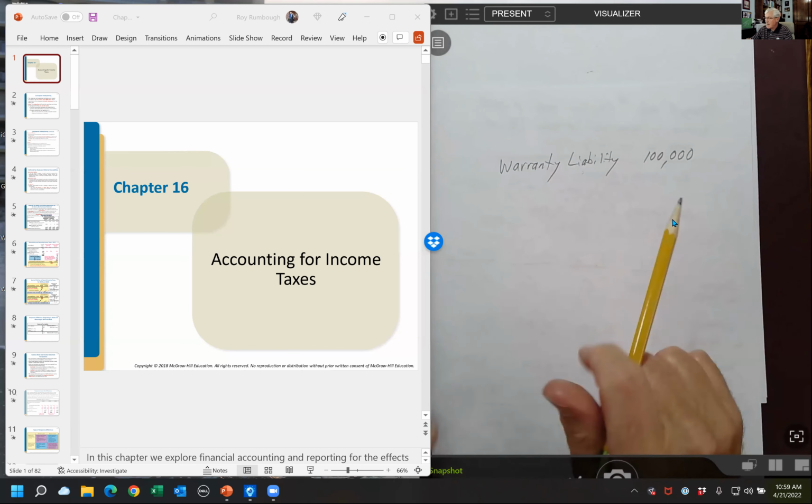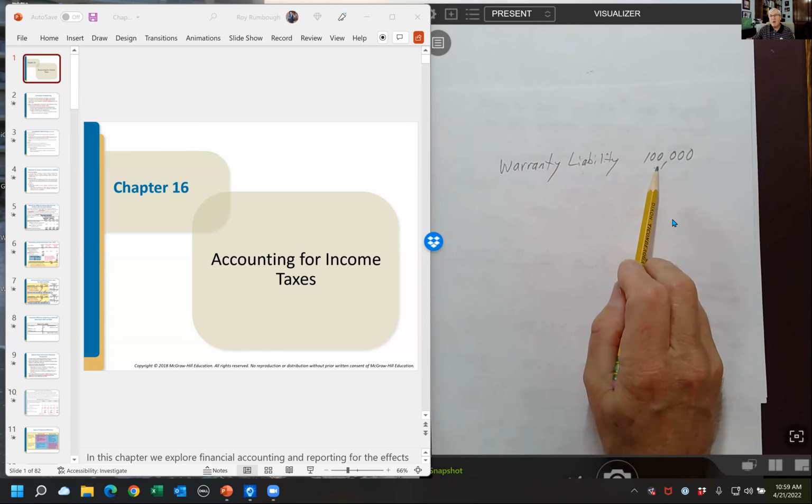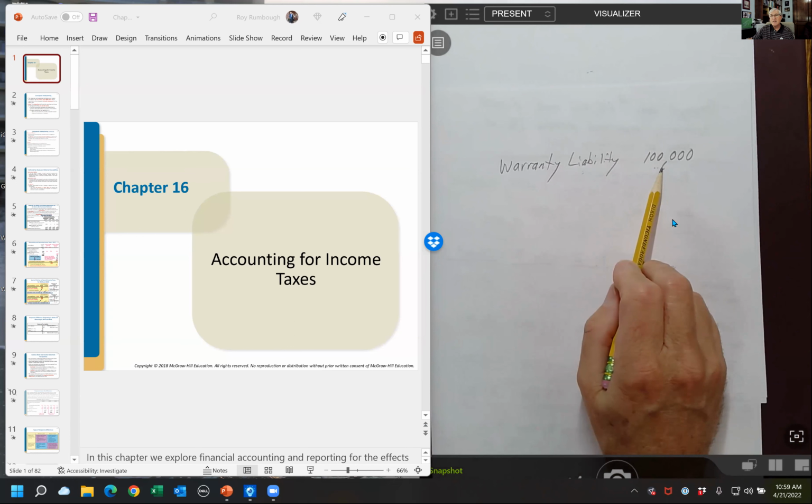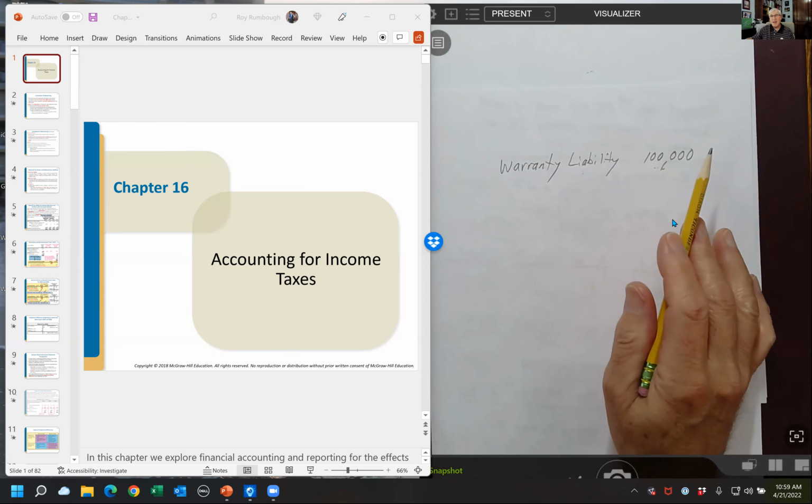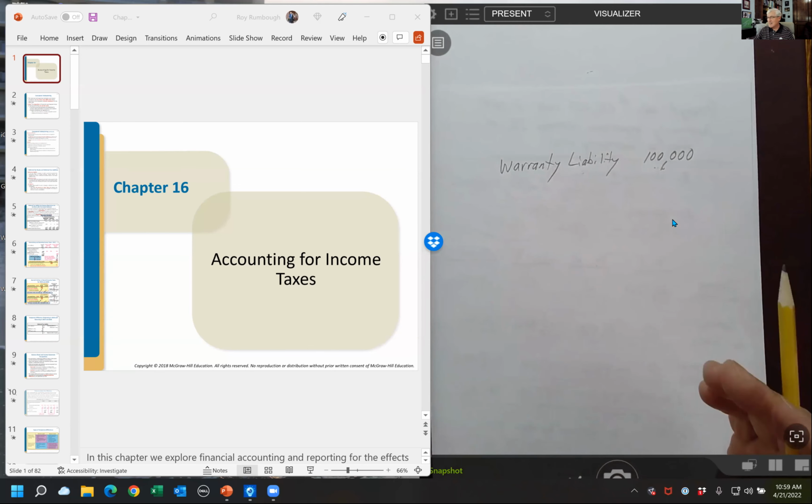So that warranty liability of 100,000 represents all the expenses I booked, less the claims that have been paid. Keep in mind, when claims have been paid, I've got tax deductions. So this represents amounts of claims in the future that I have not got tax deductions for, but yet I've expensed on my financial reporting side.